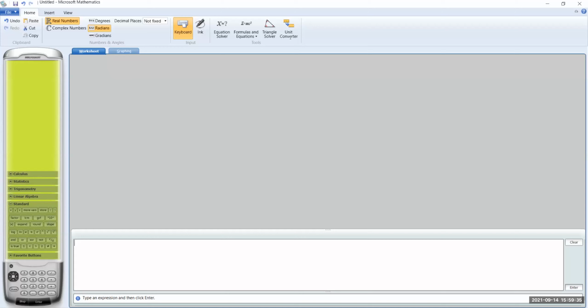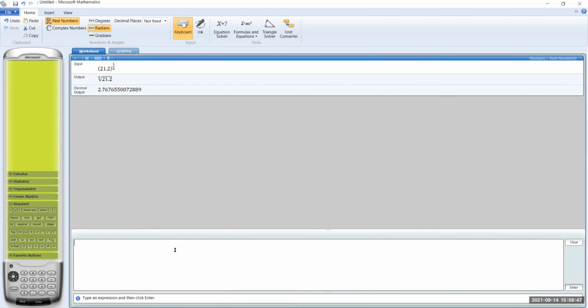On this calculator, I'm going to write 21.2, that is a number, to the power of 1/3. The cube root is to the power 1/3, by the way. This is from your algebra class. And to the power 1/3 should give me 2.7676550072889.